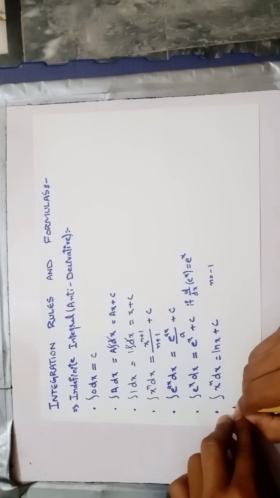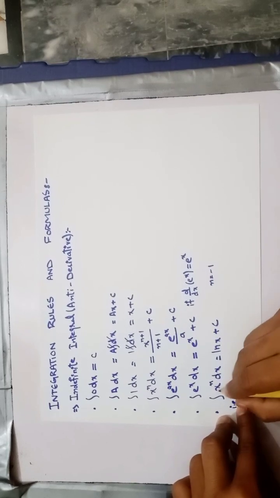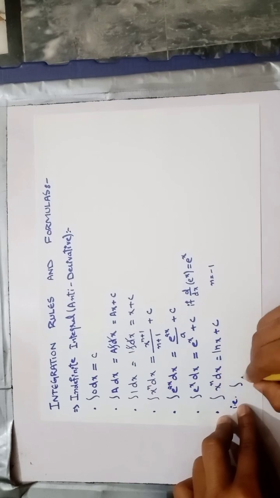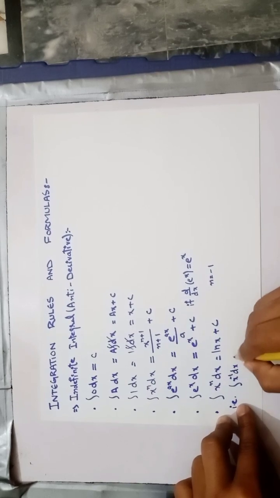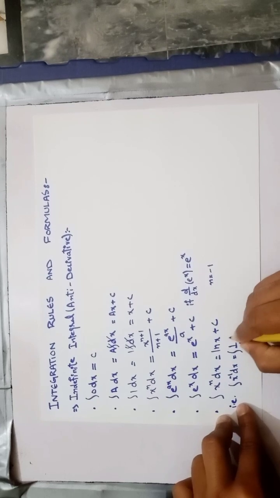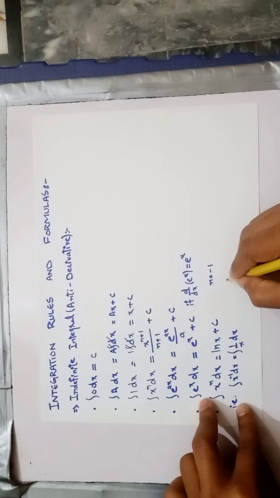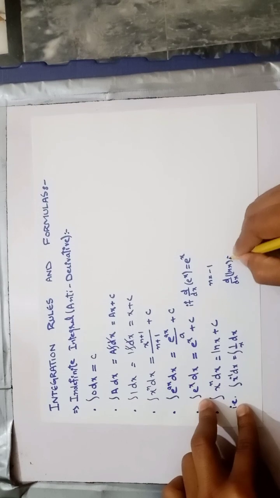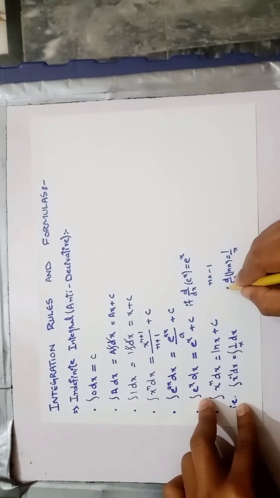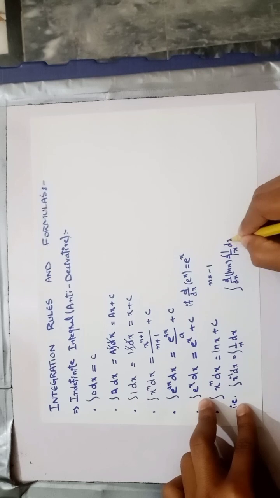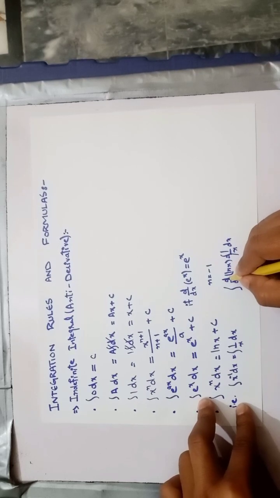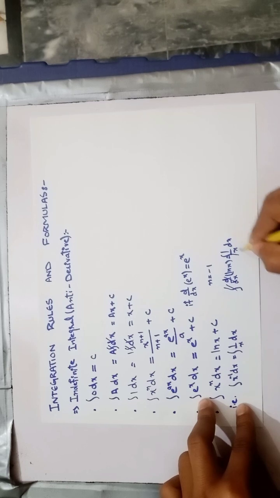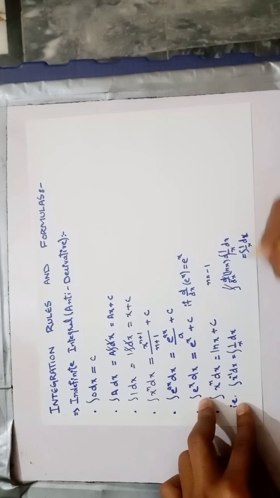It means, if we elaborate this, we want to say that x power -1 dx is equal to 1 over x dx, and we know that the derivative of natural log of x is equal to 1 over x, so the integration of this whole function is natural log of x.